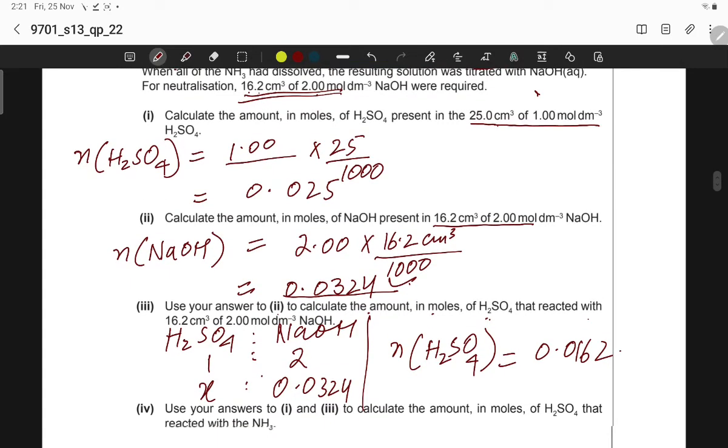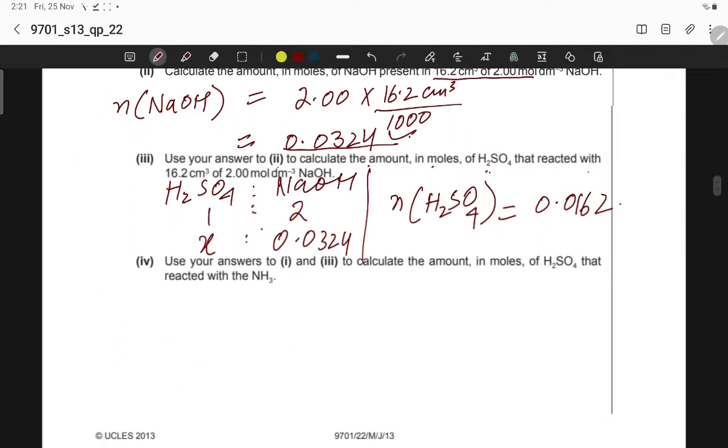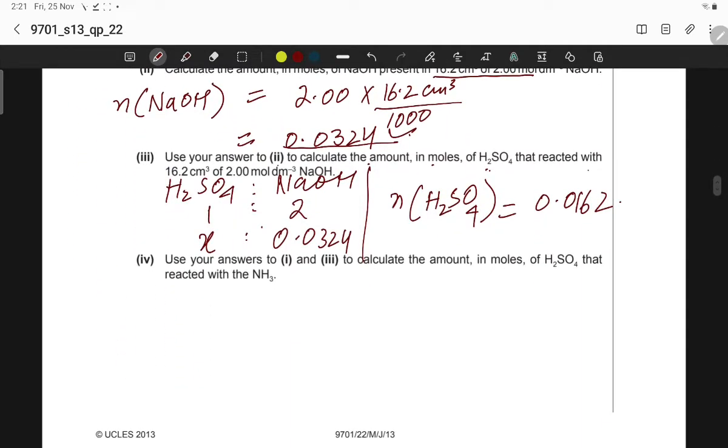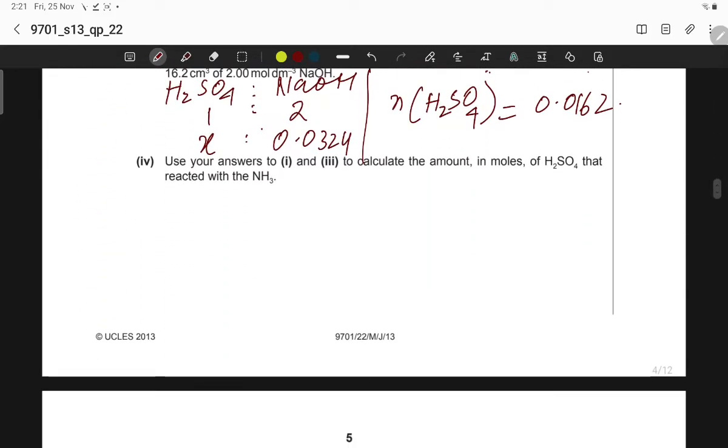Now using your answers 1 and 3, use them to calculate the amount in moles of sulfuric acid that reacted with ammonia.